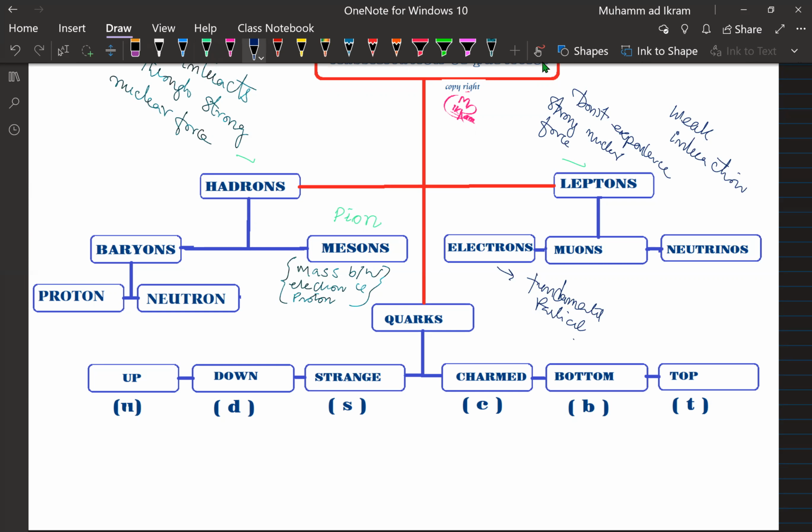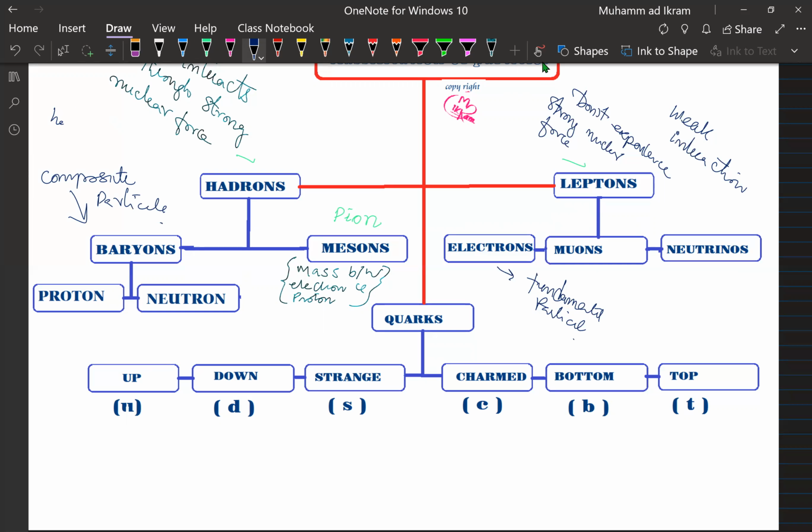Leptons are in fact fundamental particles, so they do not have an internal structure like the proton and neutron. As I told, proton and neutrons are composite particles.